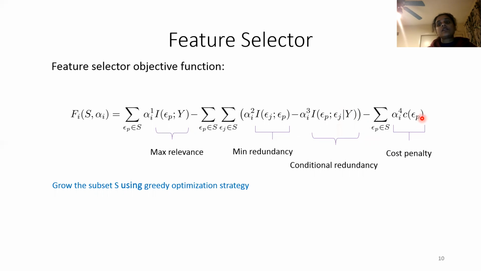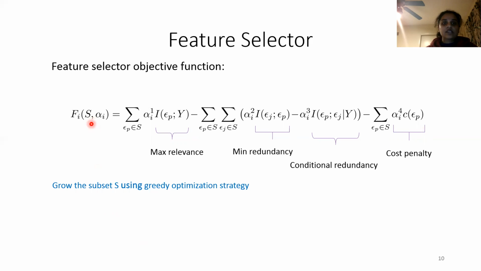And the last term is the cost penalty, which specifies the feature acquisition cost for the chosen features in the subset. This is added as a penalty term, and it manages the right trade-off between acquisition cost and performance.